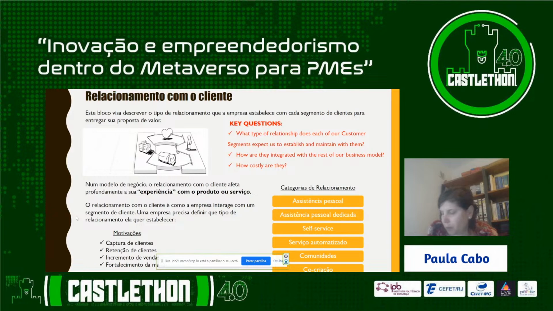We can have, for example, an interaction that is more connected. For example, when we create communities with our customers, in social media, or when we work together with our customers to improve the products or services that we deliver, and we can co-create the products together, co-create solutions.